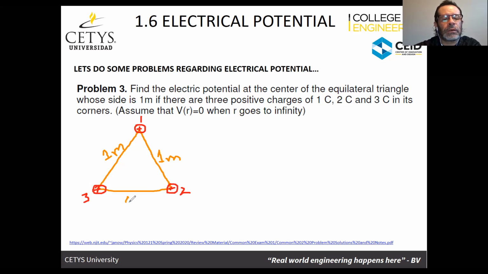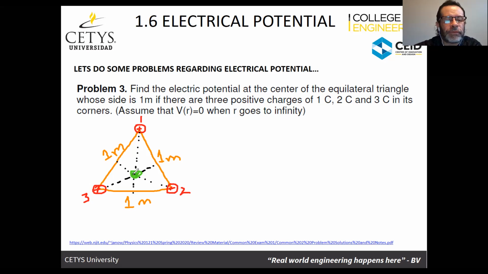Okay, and 1 meter. And they're asking us to find the electrical potential at a point located exactly in the center of the triangle. Okay, so the point we're talking about is right here.